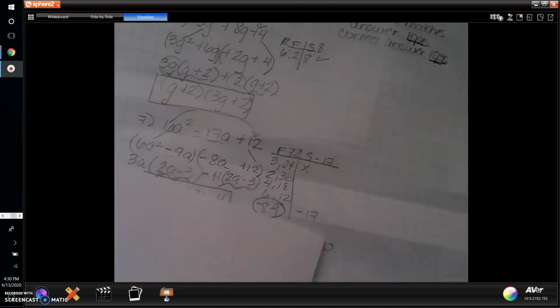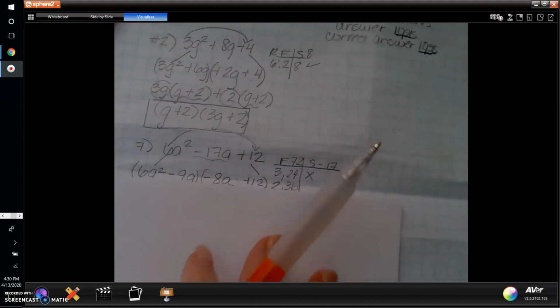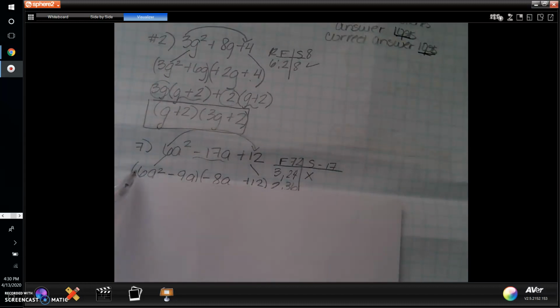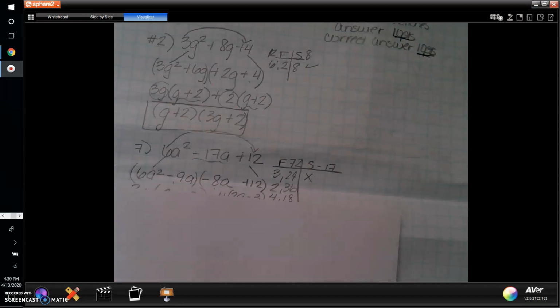So let's look at the work. So I brought down the 6a squared and then the 12, and I just decided to group the negative 9. Am I calling this a g? Lord have mercy, this is an a. All right, negative 9a and negative 8a, I put those in and then I group them.